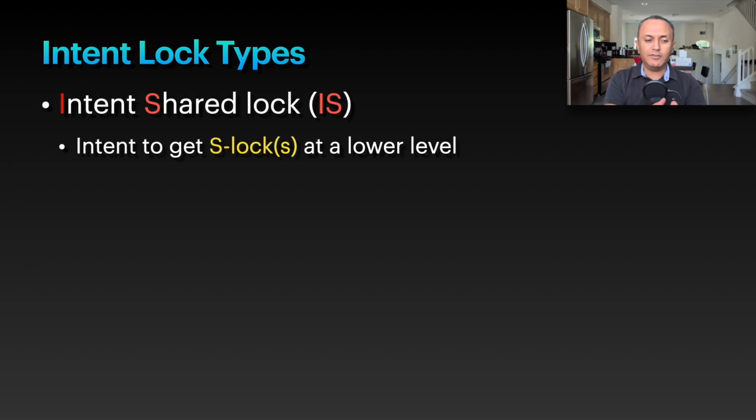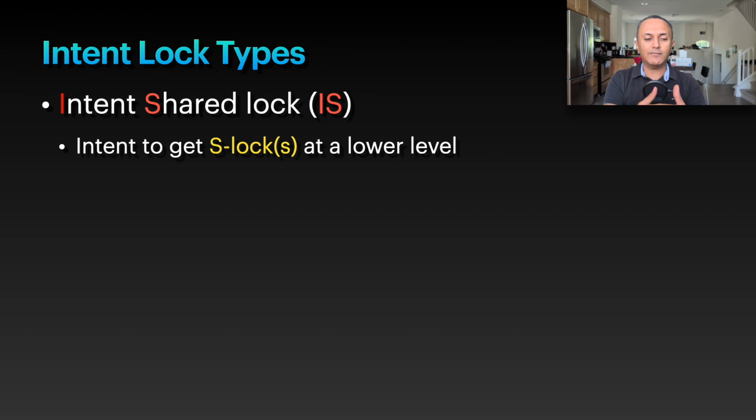So far, we've talked about S locks and X locks. So now we're going to introduce a bunch of new types of locks. First is called IS lock, or intent shared lock. The intent shared lock is similar to the S lock. Let's, for simplicity, consider two levels of the hierarchy, right? Just table level and row level.